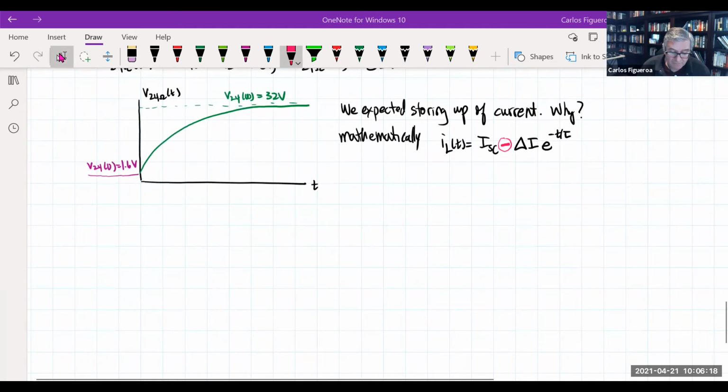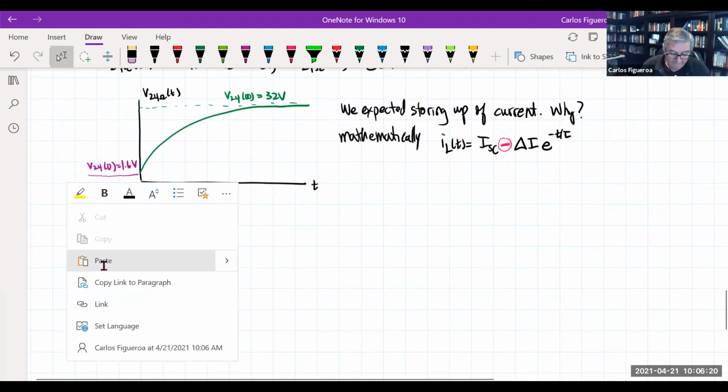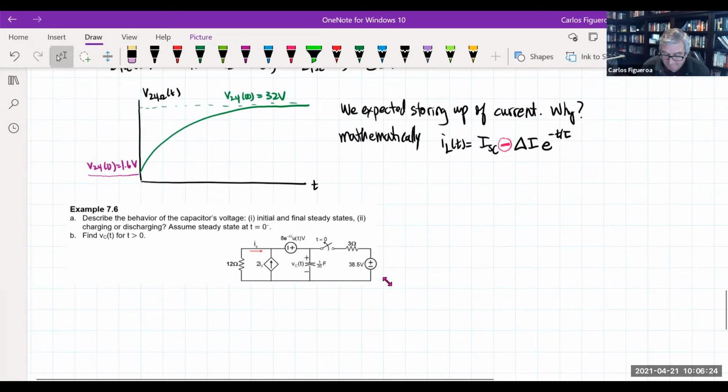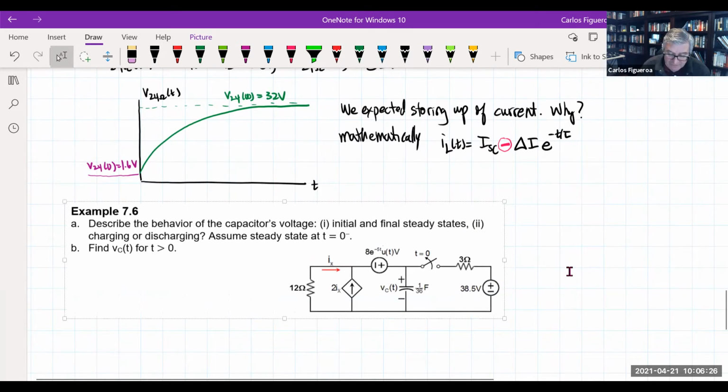What I'm going to do here is look at our second example. The fact that you see a dependent source in the circuit means that it's going to be more involved, without any doubt. So let's go look at this circuit and try to interpret what's going on.